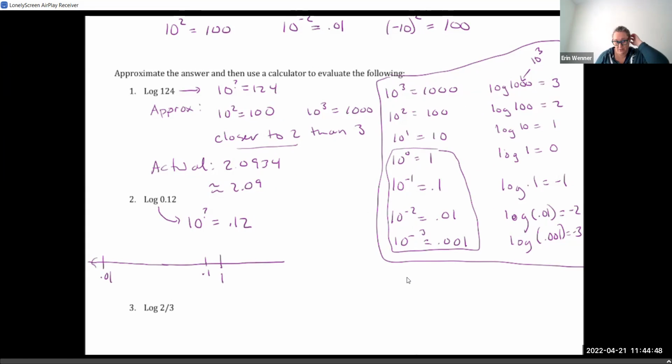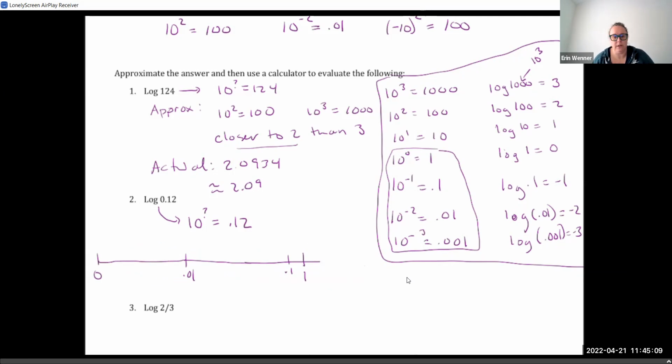As we get closer to 0, if we just kept going, eventually we'd hit 0, right?